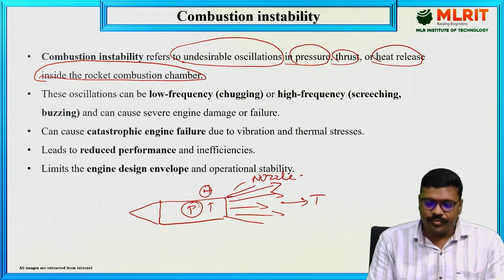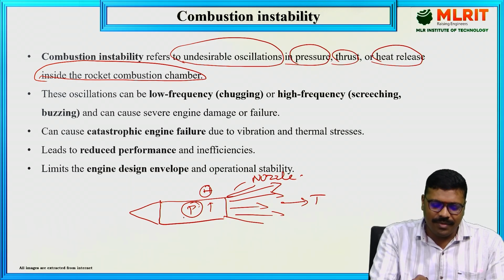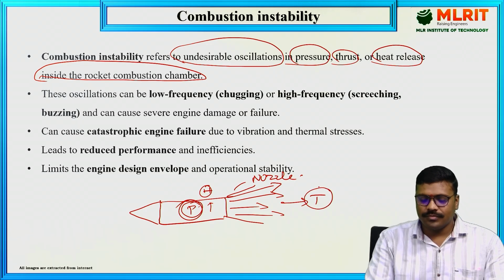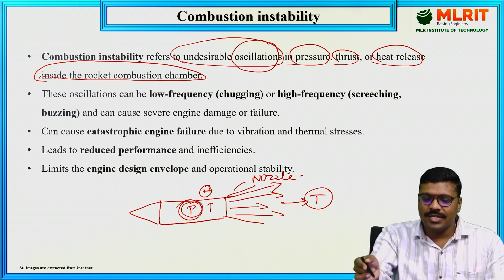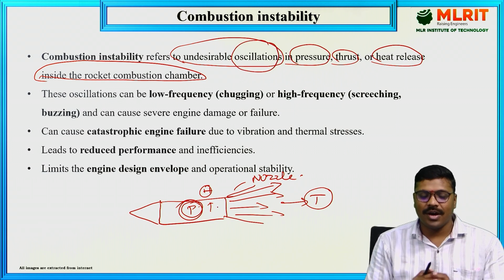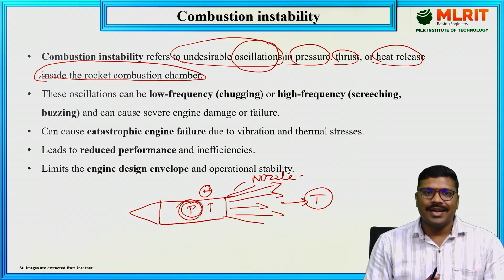If these parameters are not constant, if the pressure in the combustion chamber or the thrust produced by the rocket is oscillating, if parameters like pressure, thrust and heat release in the combustion chamber are oscillating, then that is called combustion instability.